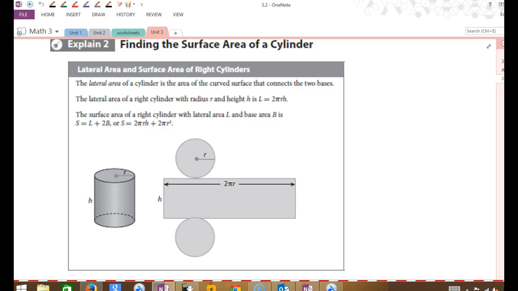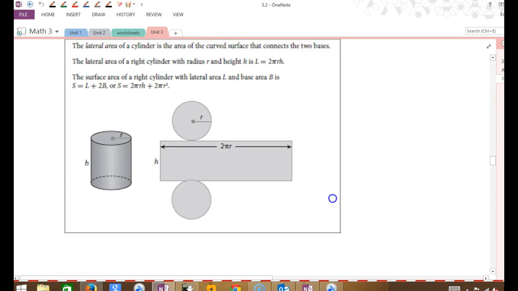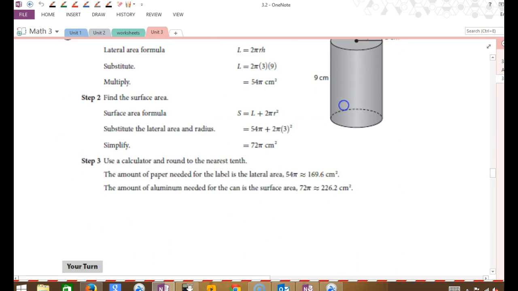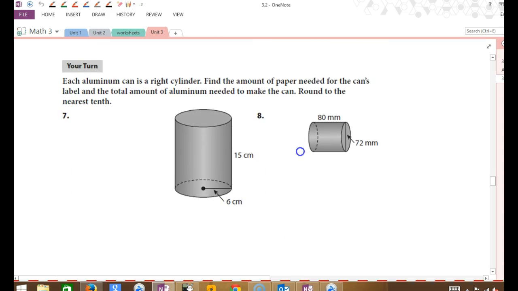But if they give you a diameter, what is the circumference in terms of diameter? Pi times diameter, because the diameter is 2 times the radius. They will give you one or the other, so you just have to go from there.